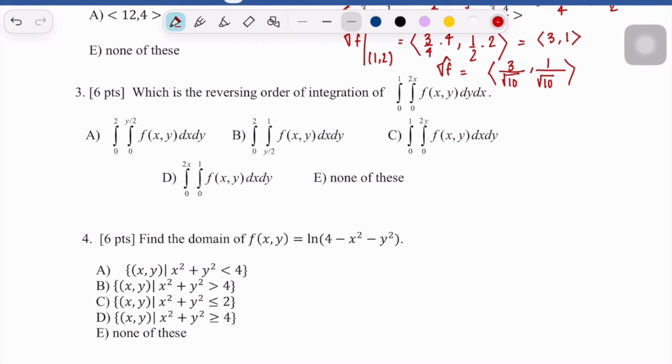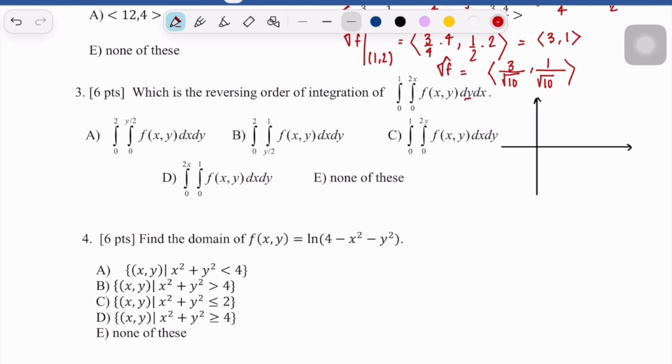Okay, now for the next problem, we have to reverse the order of integration. Now for this problem, I would suggest that you always draw the region that you're supposed to find the integral in. So how do you find that region? You just take the bounds.